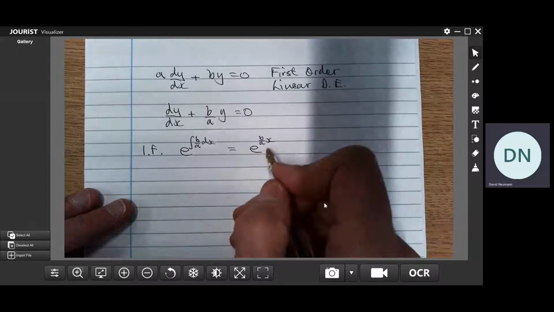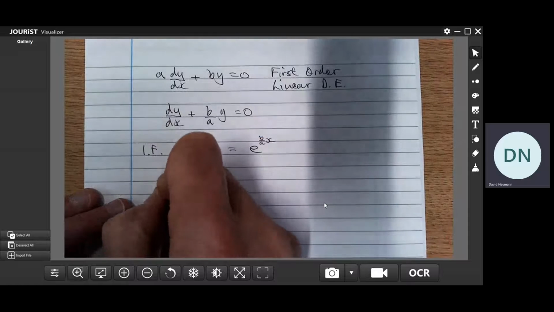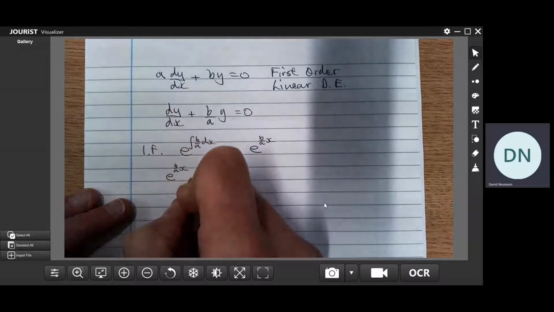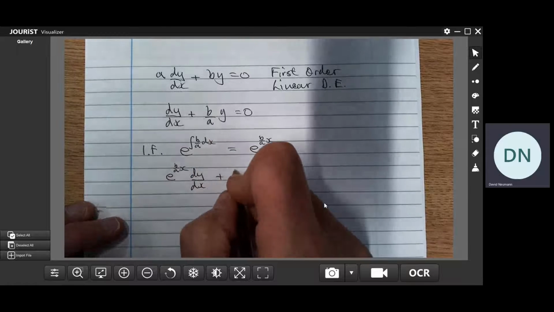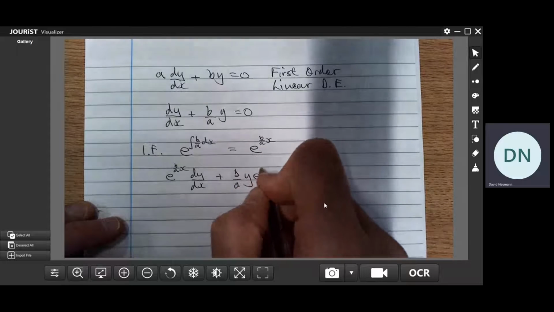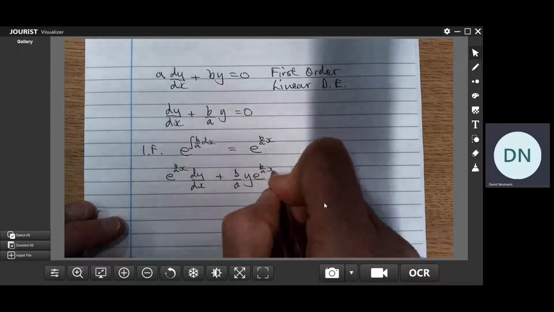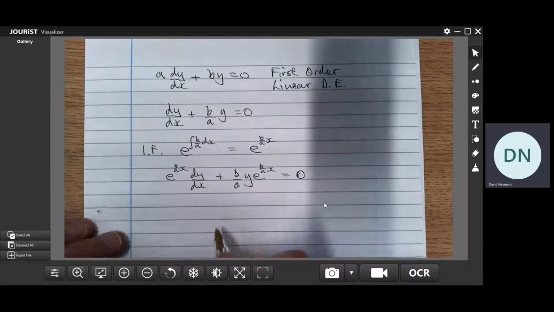Then we're going to take that integrating factor and multiply through, so we get e to the b over a x dy by dx plus b over a y e to the b over a x equals 0.